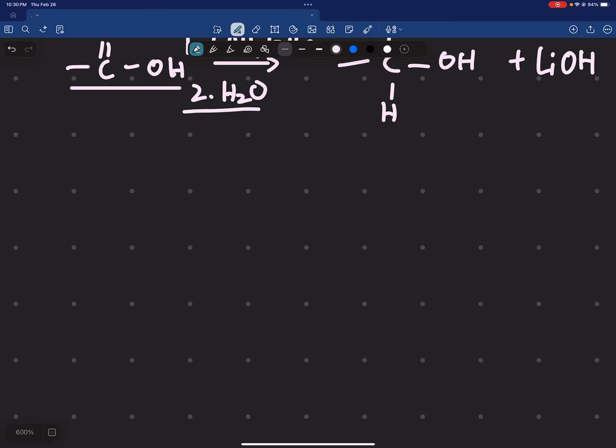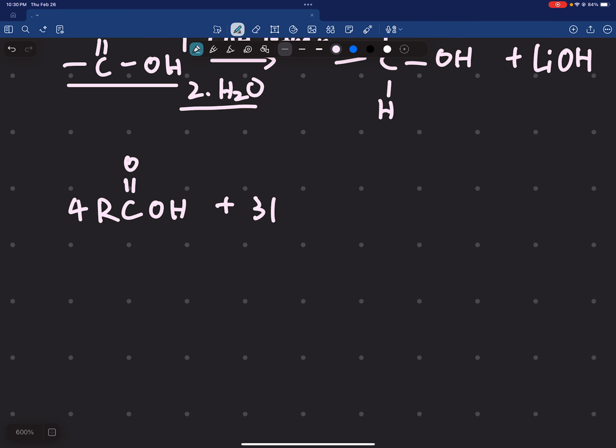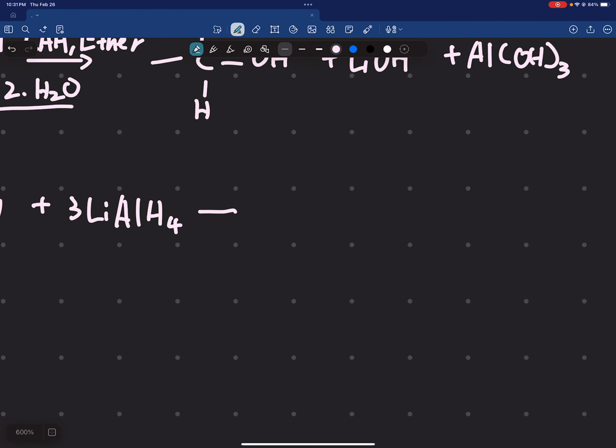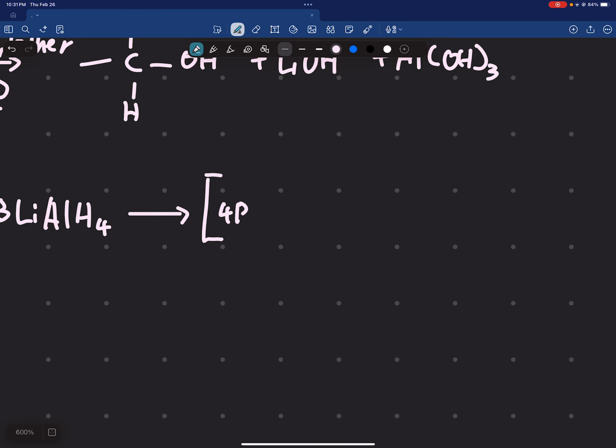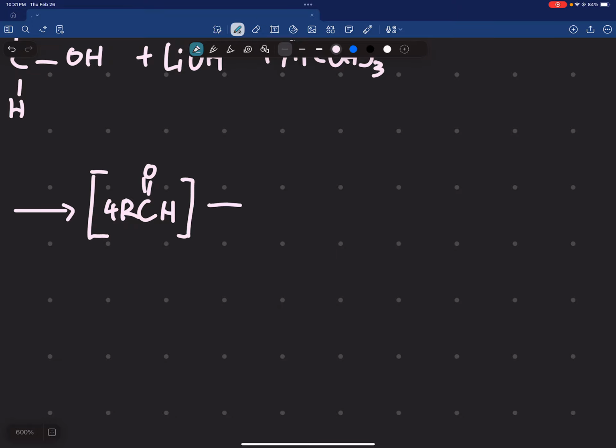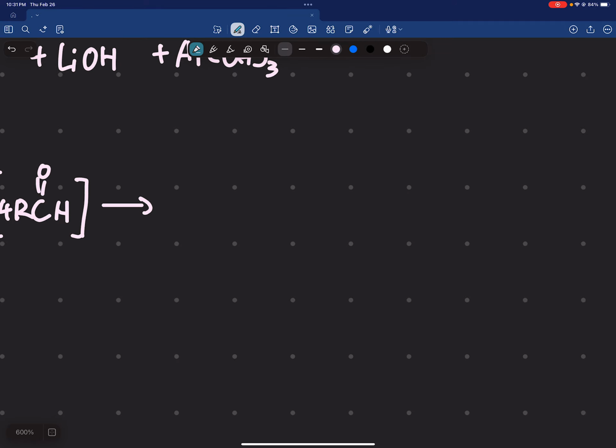So if we had 4 equivalents of a carboxylic acid, and we were to add this to our 3 equivalents of, this is a balanced equation by the way, our LAH, this will form this intermediate, 4 equivalents of it, and this intermediate is going to be converted to something that looks like this.